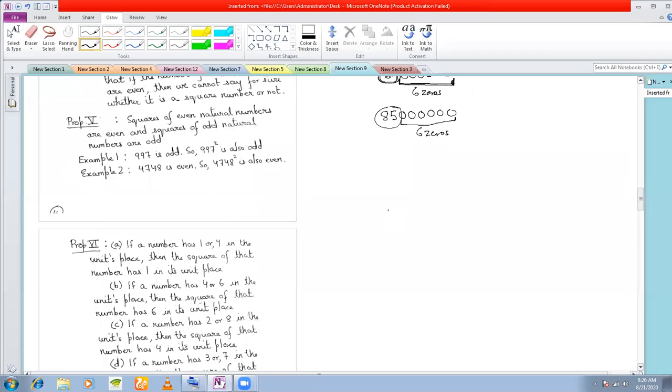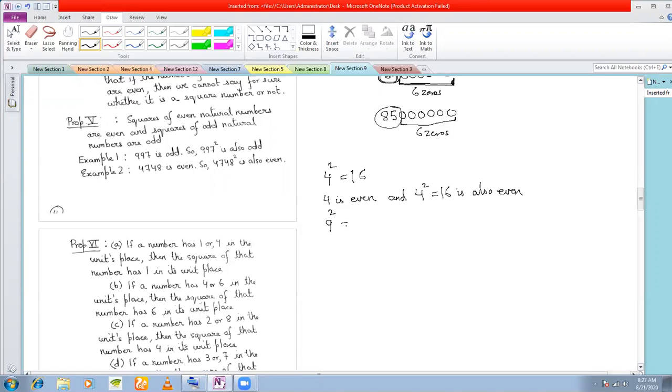Squares of even natural numbers are even, and squares of odd natural numbers are odd. That means, first an important observation. Let us take an even number, say 4. I square this. What do I get? 16. Now, 4 is even, and the square of 4, which is 16, is also even. Let us take an odd number, say 9.